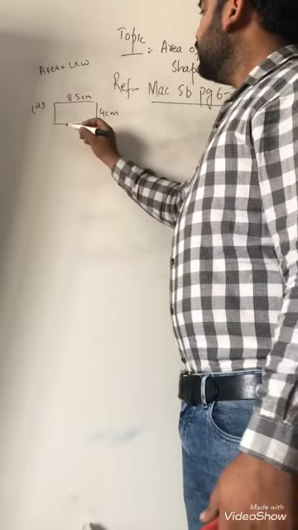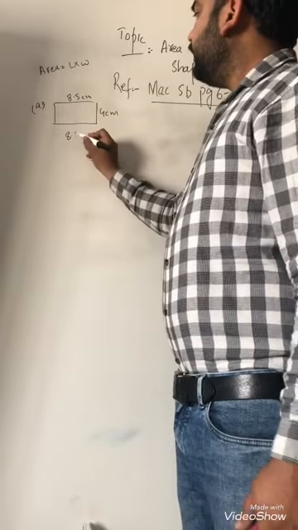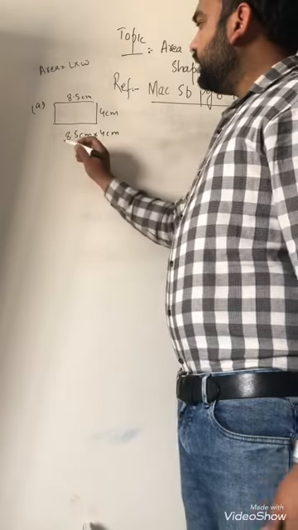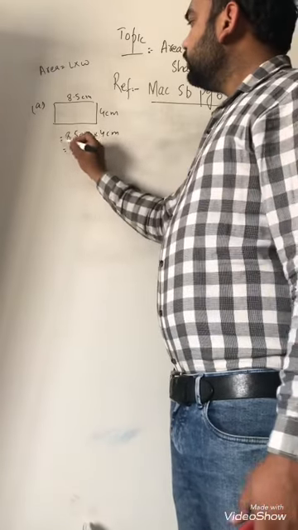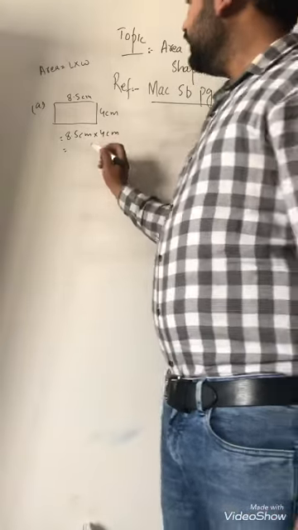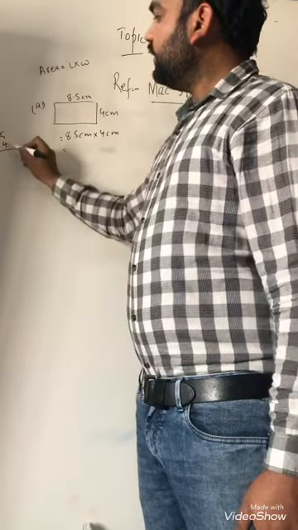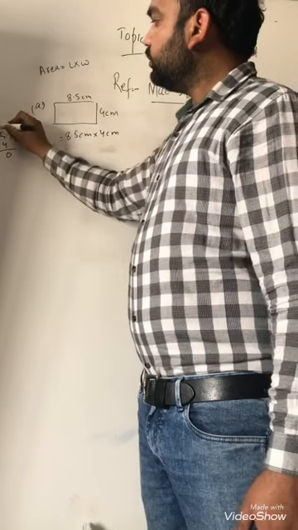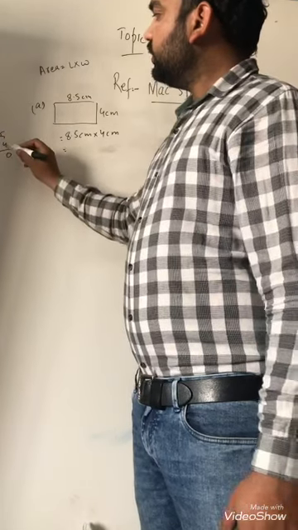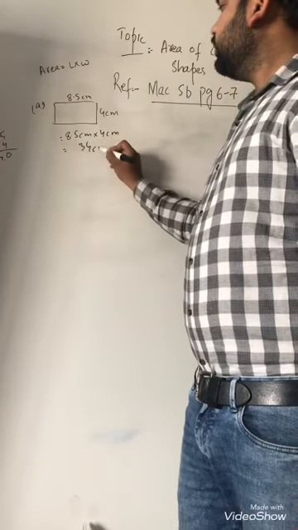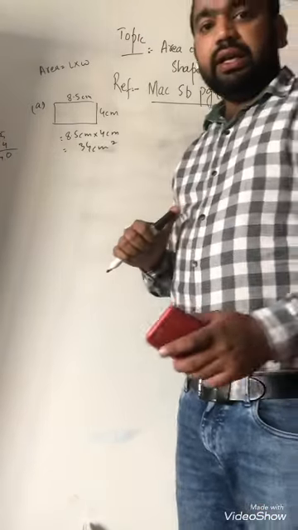So we will multiply 8.5 centimeter by 4 centimeter. 8.5 multiplied by 4: 4 5s are 20, 0, 2 carry. So 32 and 34. So the answer is 34 centimeter square, right?